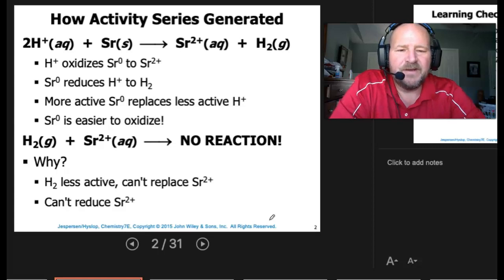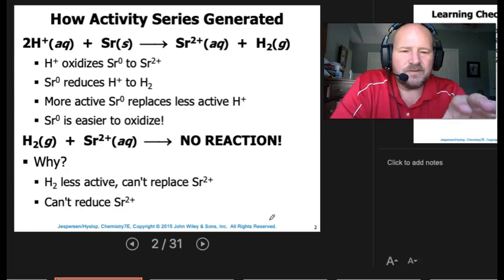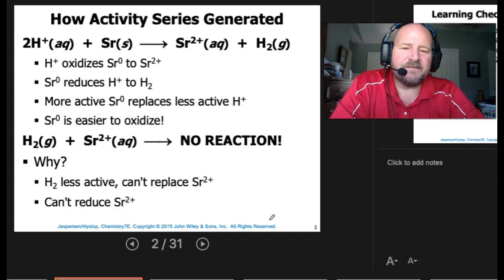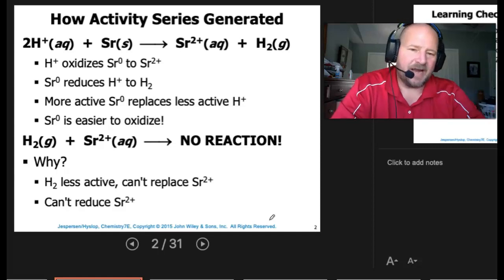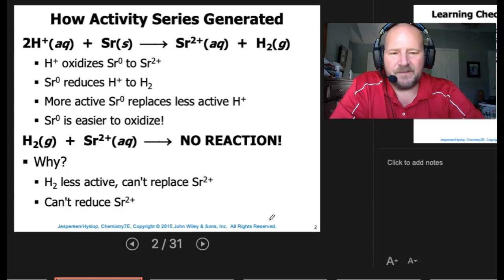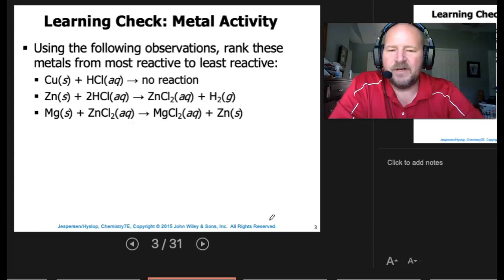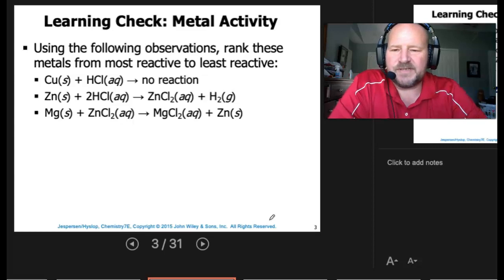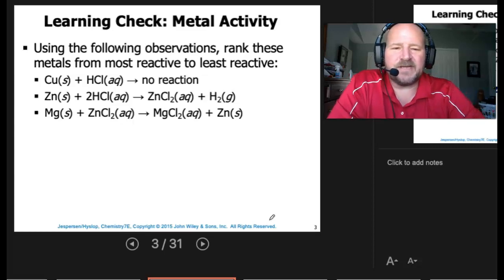Now we can observe a whole series of reactions, and from observing those reactions, or lack of reactions, we've been able to develop the activity series. So for instance, take three reactions and put them together: copper reacting with HCl, zinc reacting with HCl, and magnesium reacting with HCl.